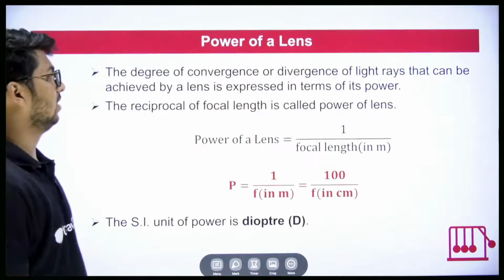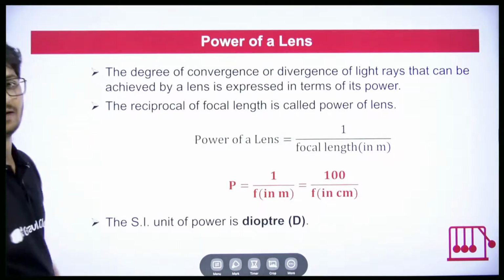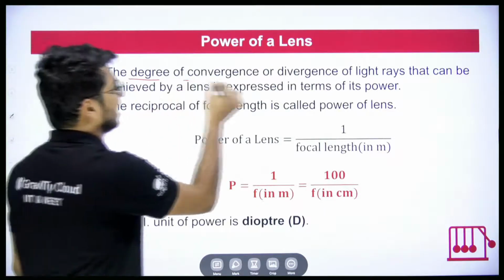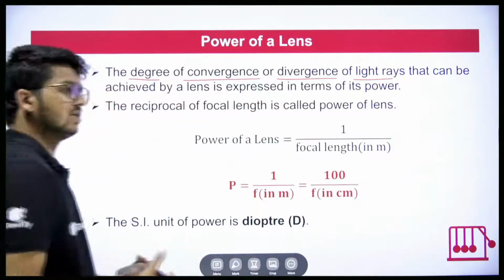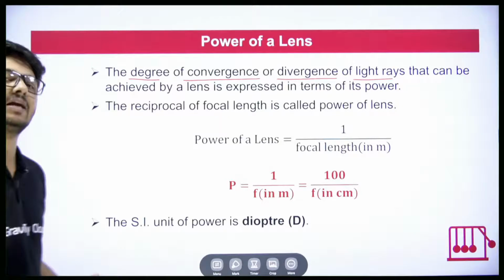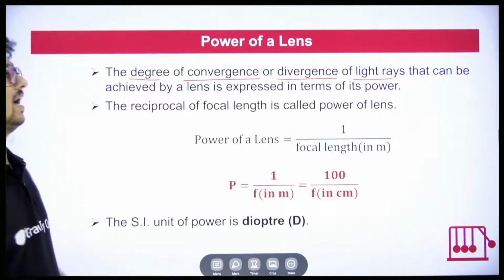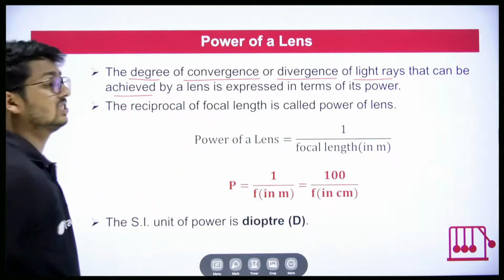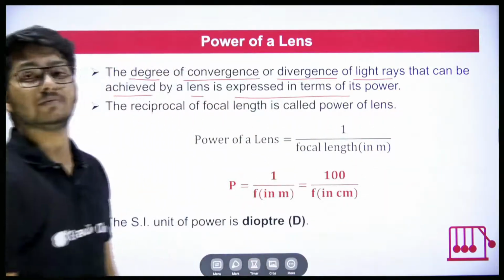Clear? So let's go into the definition here. The degree of convergence or divergence of light rays, and when we say convergence or divergence, it ultimately means the degree of bending of light rays that can be achieved by a lens, is expressed in terms of its power.